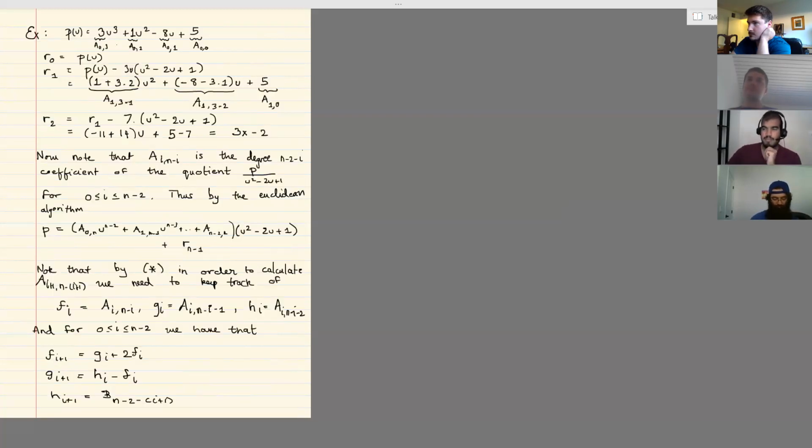So here's an example. Suppose we are dividing this polynomial 3u cubed plus 1u squared minus 8u plus 5. Then we set the 0th remainder to be the polynomial itself. And now the first remainder, the remainder after the first step of division, would be this guy. You take the polynomial and then you subtract 3u times this.